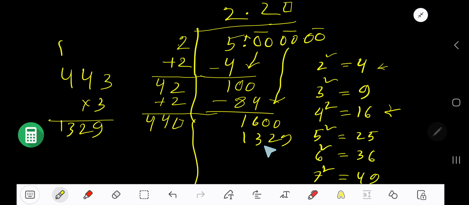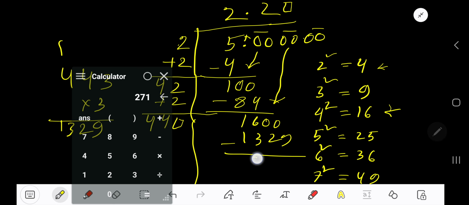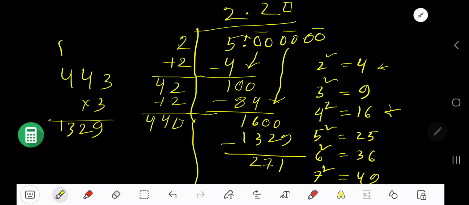Now subtract. 1600 minus 1329, which is 271. Look here, 271 is less than the divisor 443. So our guessing 3 here is correct.